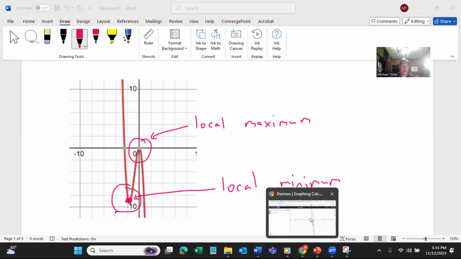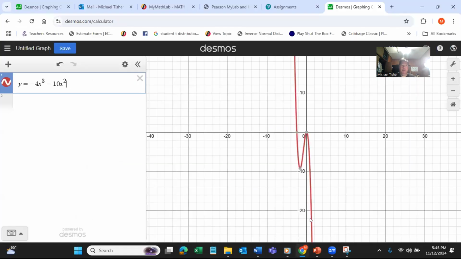We would normally use calculus, but for this one, we'll just look at the graph, okay? And if I look at the graph here, it even gives us the minimum point right here. So it looks like the minimum y value in this area would be negative 9.25926. So that's a local minimum, negative 9.25926.